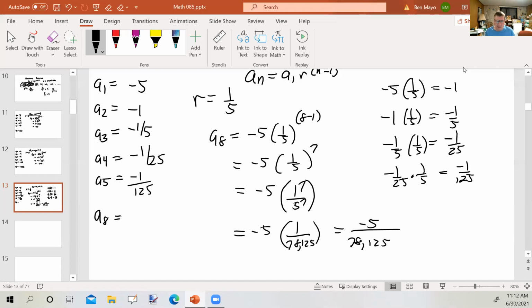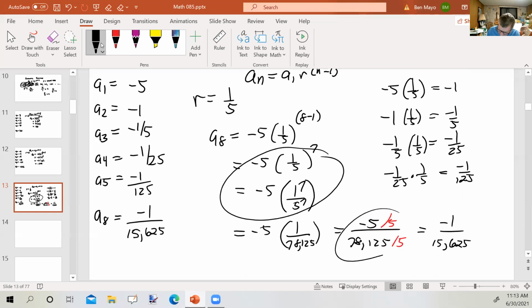Can I reduce that? Absolutely. 5 goes into it, so I'm going to divide the top by 5 and the bottom by 5. 78,125 divided by 5 is 15,625. So I get -1 over 15,625. All right, any question about what I did here?